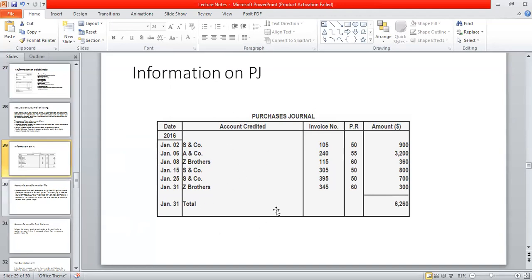For example, on this purchase journal, on January 2, invoice 105 is credited to S and Company for the amount of 900.